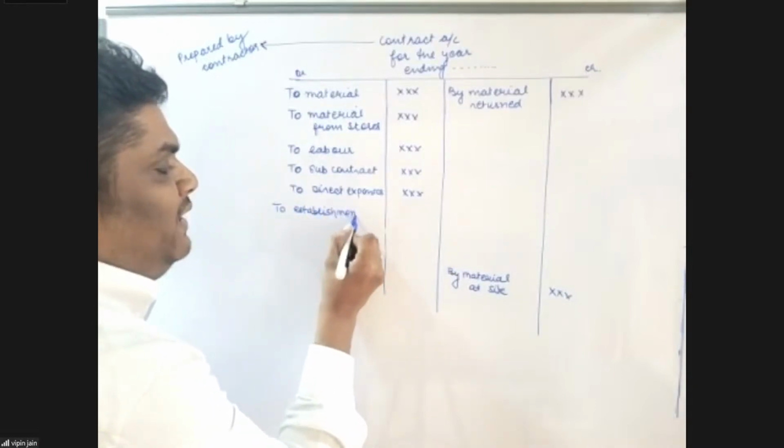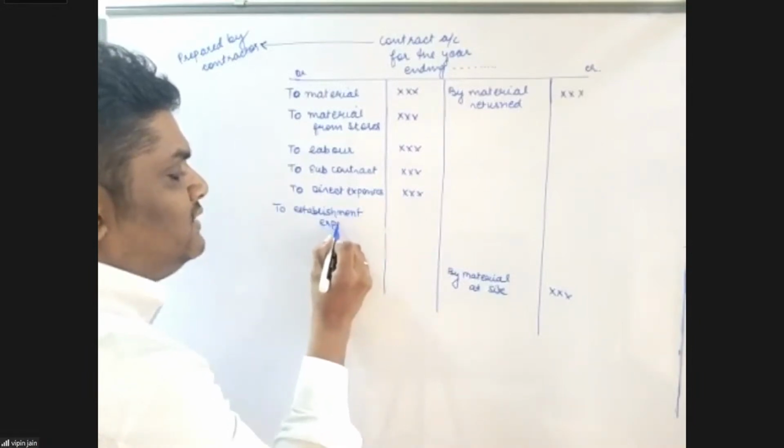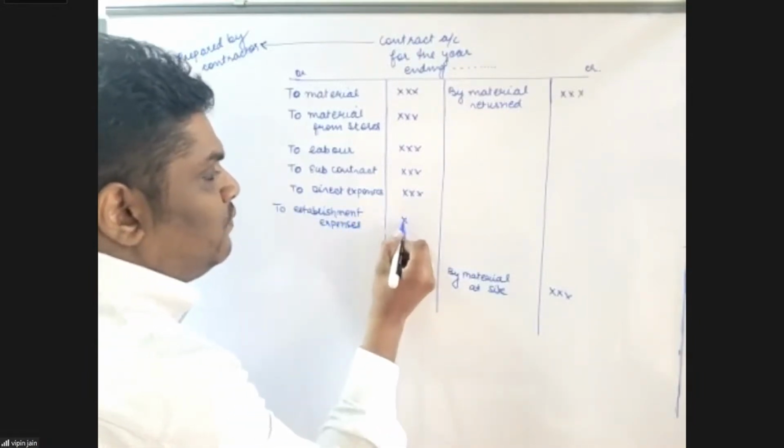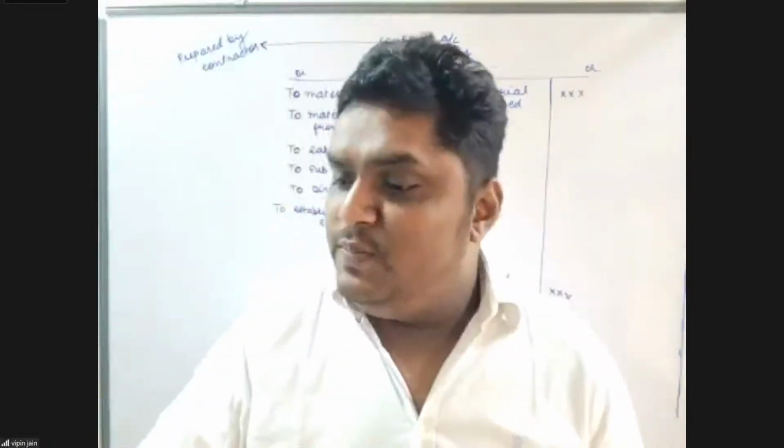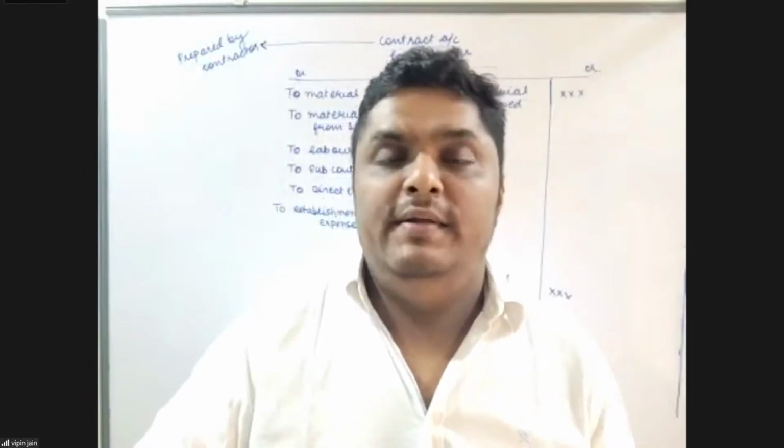If any establishment expenses are given, then establishment expenses. Now, let's start with the next part, that is the depreciation part.